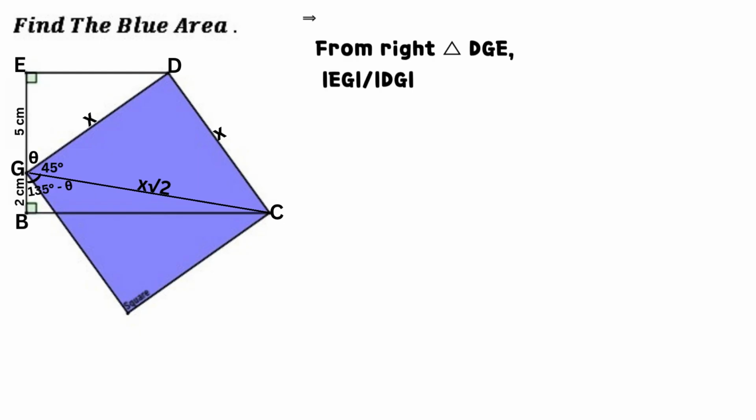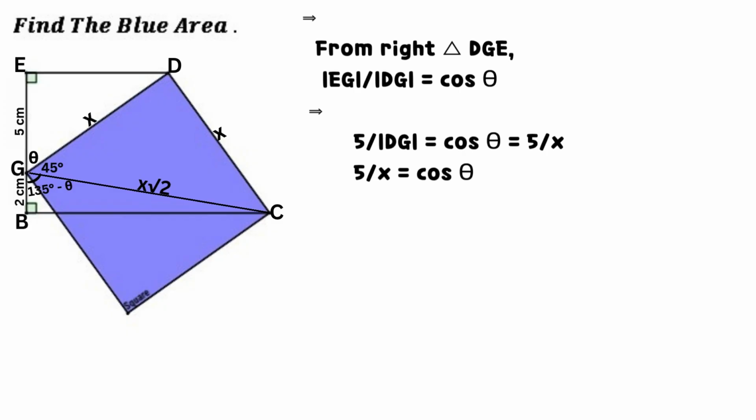It follows that from right triangle DGE, line EG divided by line DG equals cosine theta. It implies that 5 divided by line DG equals cosine theta, which equals 5 divided by x.